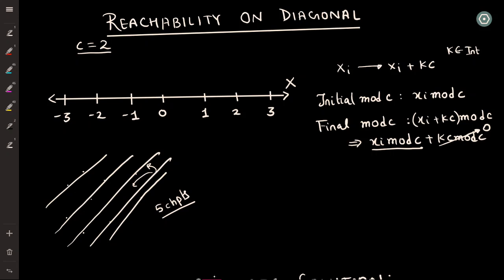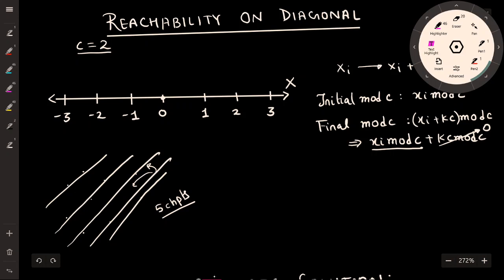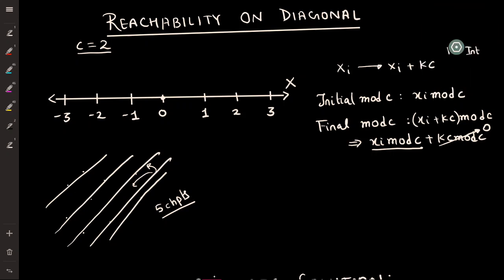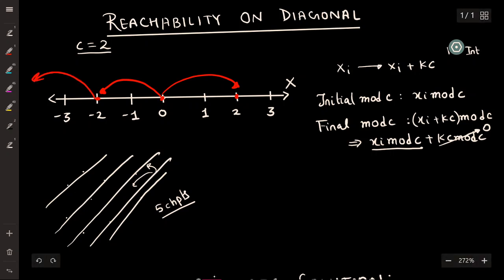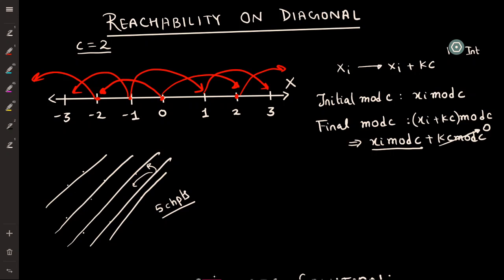So let's start with point 0 where x is 0. c is given to us as 2, so we can move to 2, or I can apply this move over here and reach minus 2, and respectively it can go over here. If I started off at minus 1, I could go to 1, I could go to 3, I could go to minus 3. So one observation I make is that the parity doesn't change.